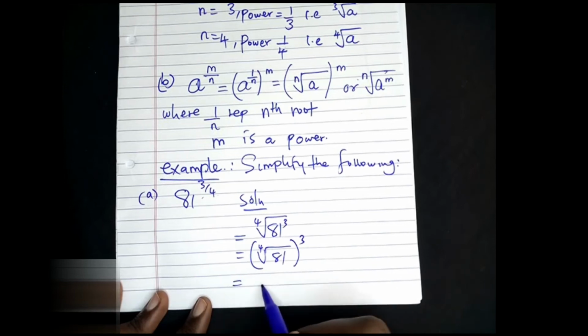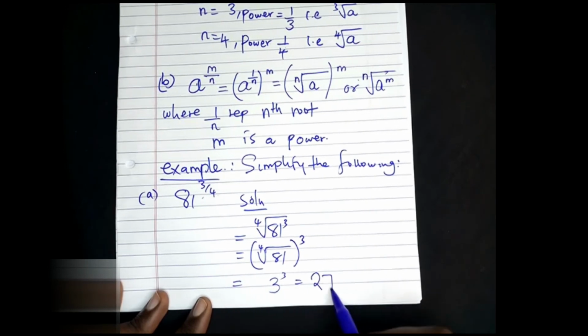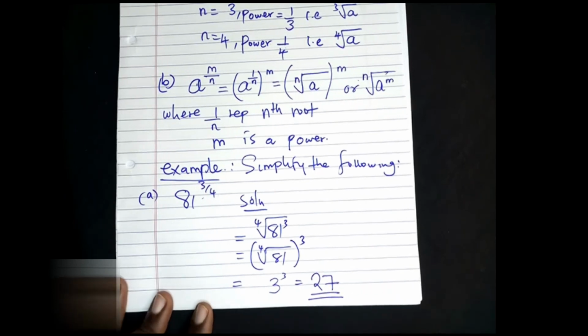The fourth root of 81 is 3, and because it was cubed, you'll write 3 cubed, and 3 cubed is equivalent to 27.